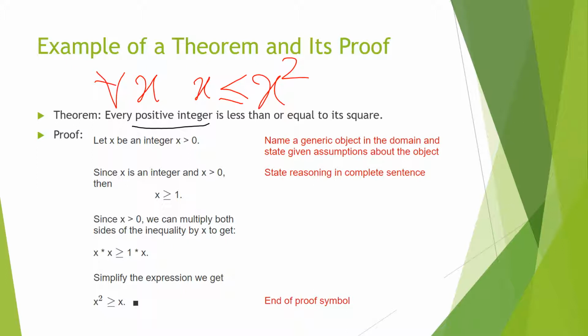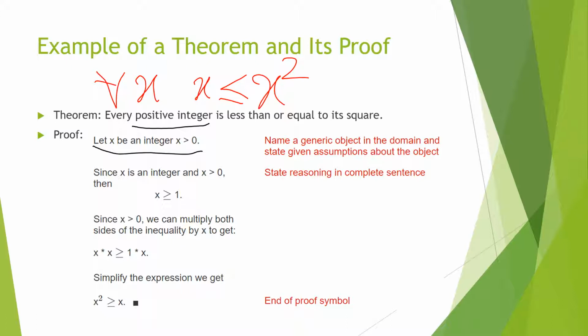So as you see in the proof, the first statement that we say is, let's assume that x is an integer that is greater than 0, which means let's assume that x is an element of the set of all positive integers. This is basically a universal instantiation because x is arbitrarily chosen.